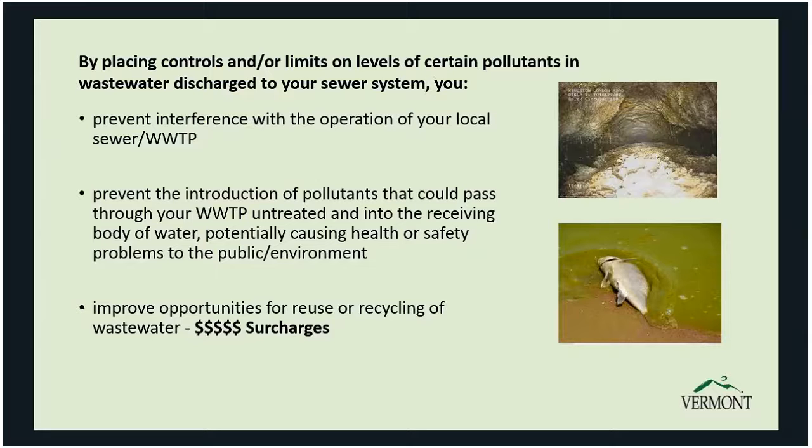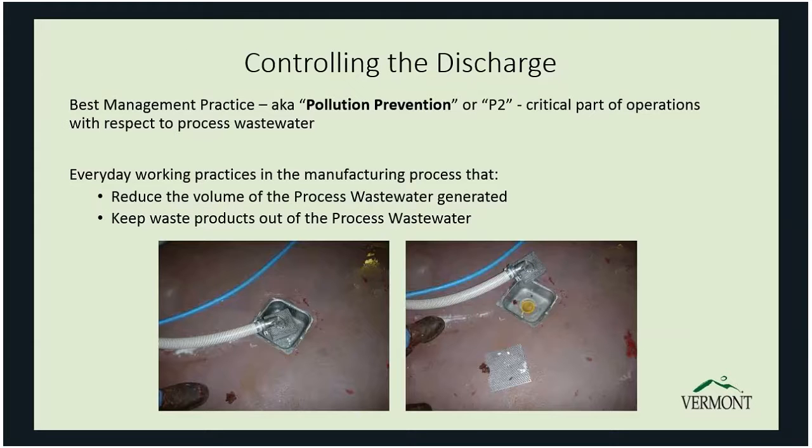Now, what are some ways to control the discharge? Well, this is something the Environmental Assistance Office could certainly help with. You'll also often hear these called best management practices, BMPs, pollution prevention, or simply P2. And this is a critical part of operating a business that generates a lot of process wastewater.